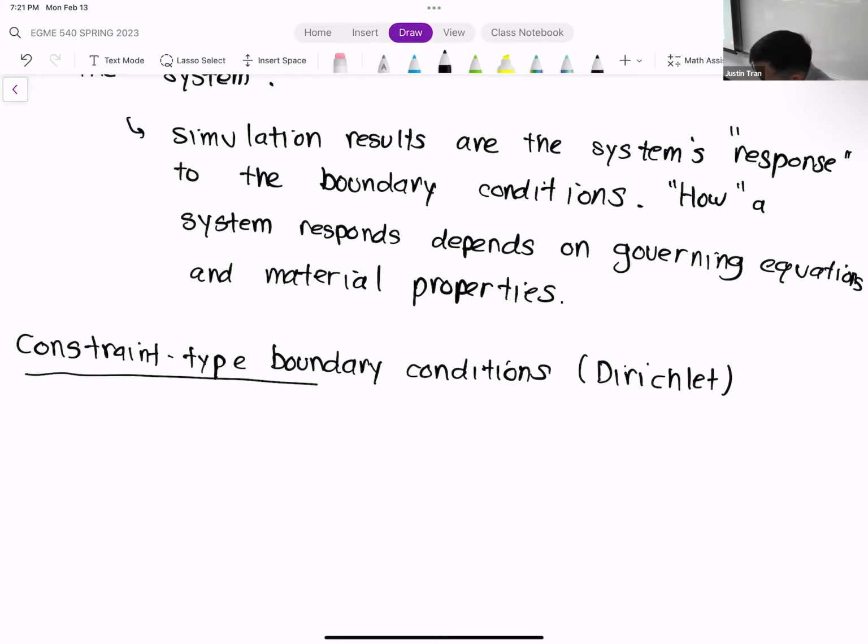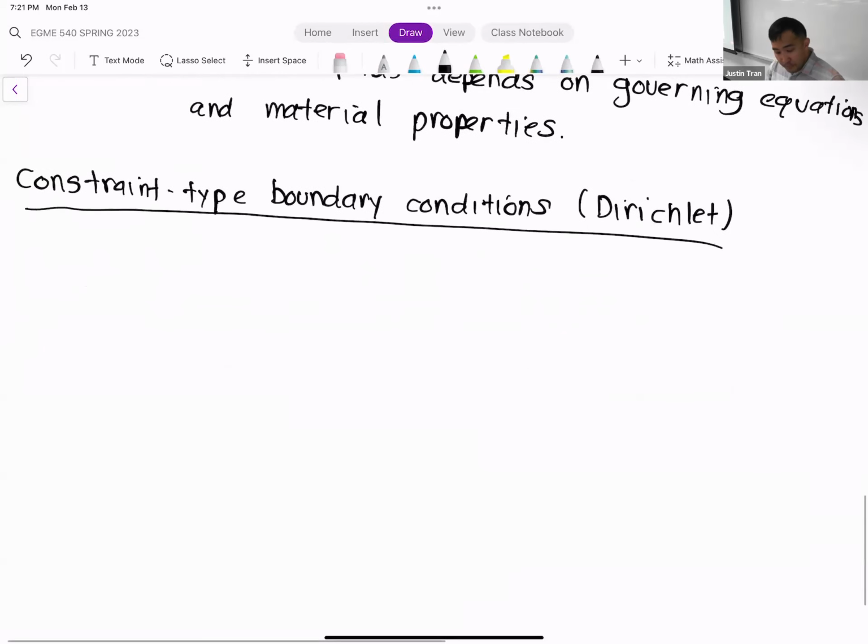Maybe that's a term you've heard before in a previous math class. I'm going to try to say constraint type boundary condition because I think that's more consistent with what ANSYS has, but I've been trained to say Dirichlet, so I might say it accidentally. If I say Dirichlet, what I mean is constraint type. Okay. And so what are constraint type boundary conditions? The reason we call them constraint type is because they basically constrain the primary solution variable to have certain values. Okay.